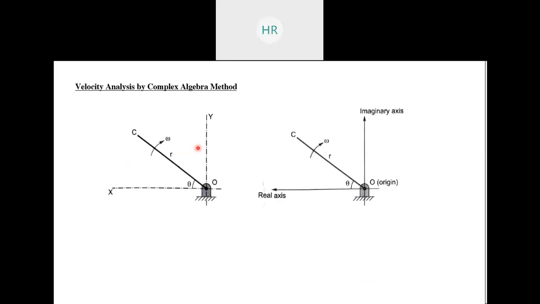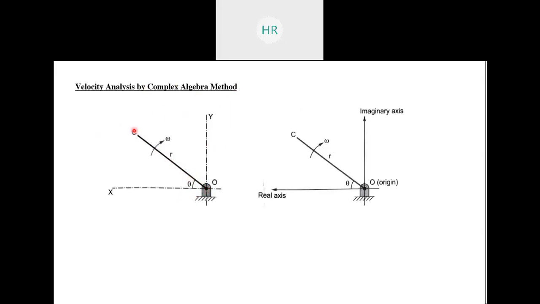So let's begin velocity analysis by the complex algebra method or complex variable method. First concentrate on this left side figure. Okay, a link is given, link OC. Right now we are considering only one link.